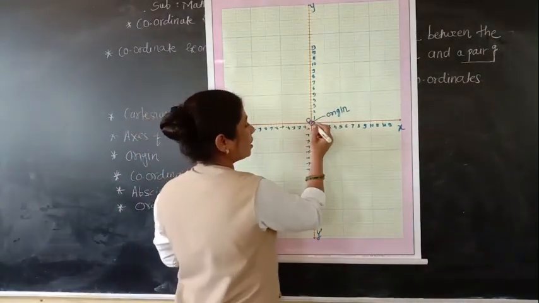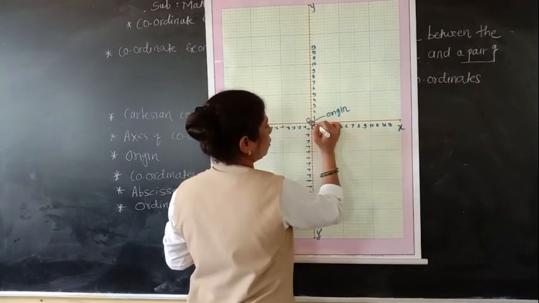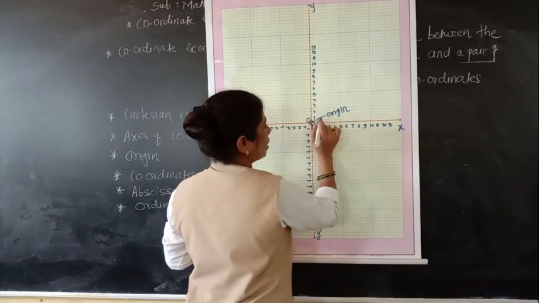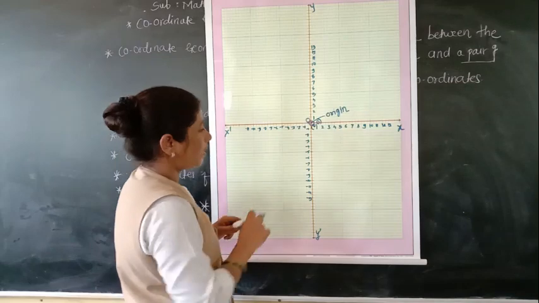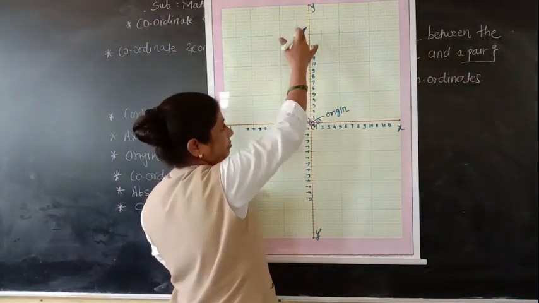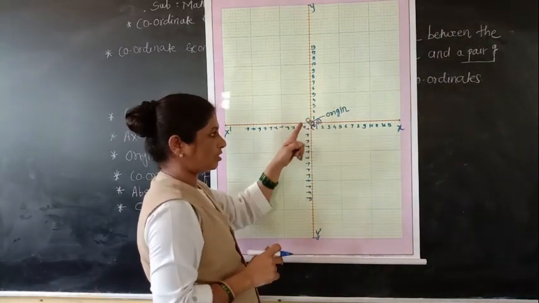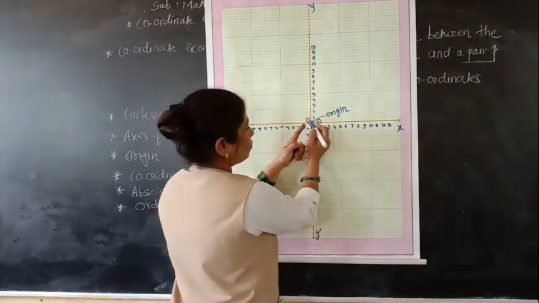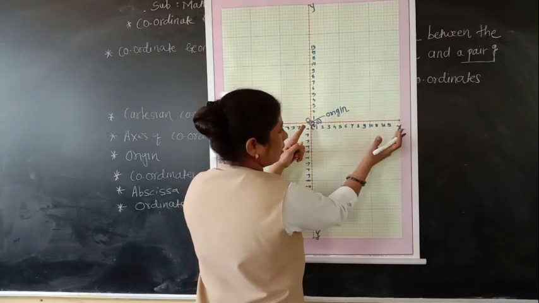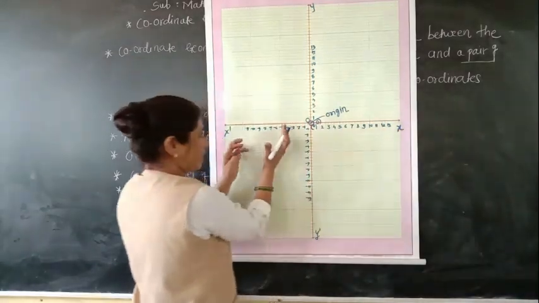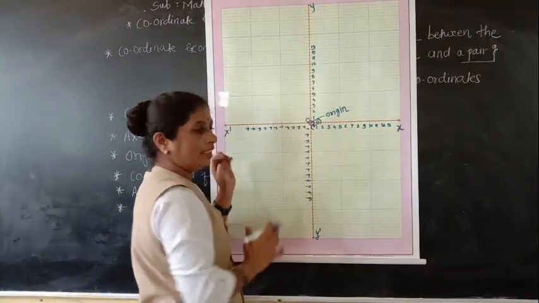The origin has the coordinates 0, 0. Now the x dash and y dash intersect each other at the point O. The right side of O is all positive numbers, and the left side negative numbers, upside positive and downside negative.